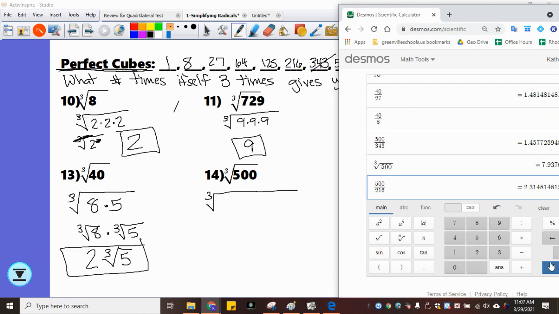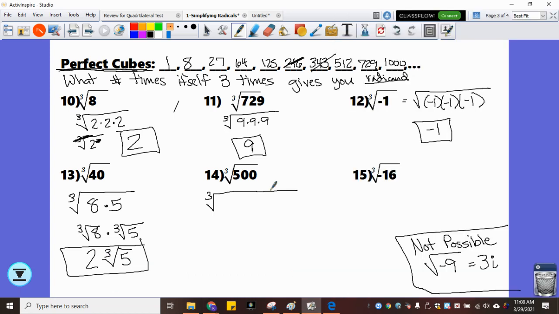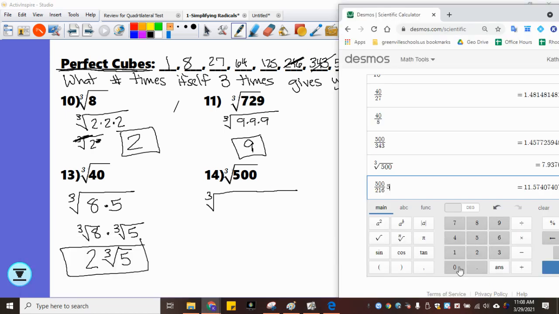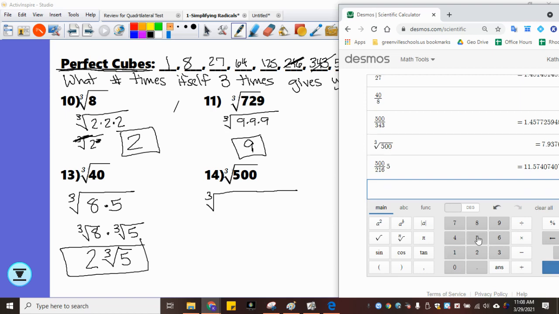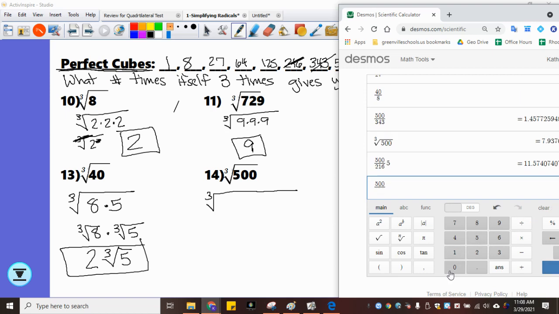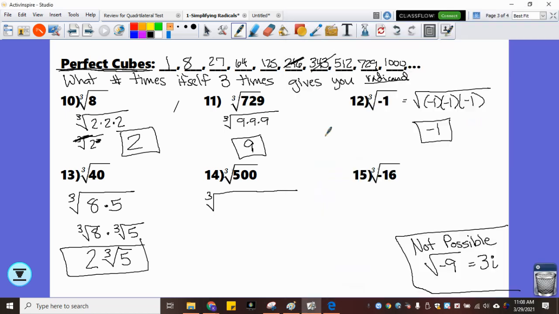No, that's not a good number. So then 125. That's 4. All right, that's our good number. So it equals 4. So 125 times 4.